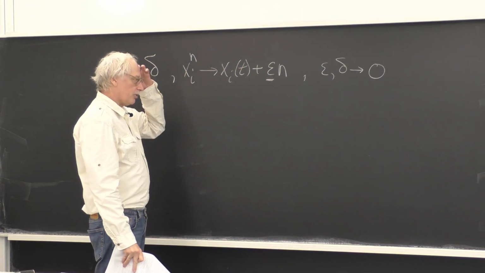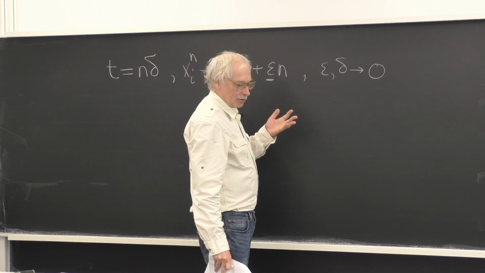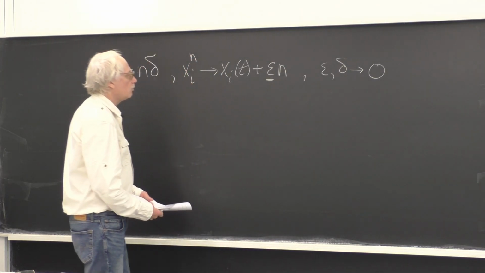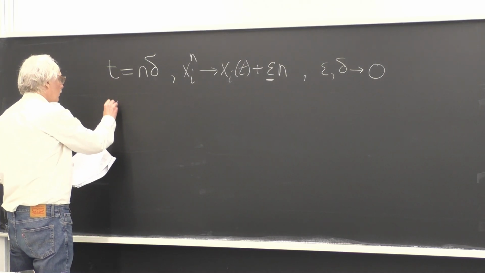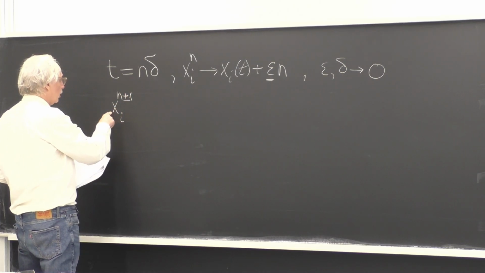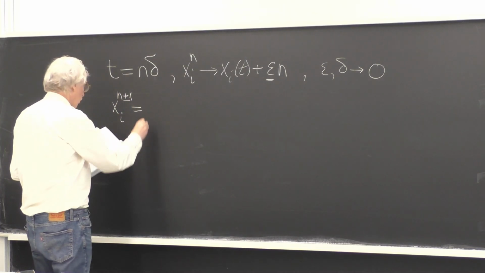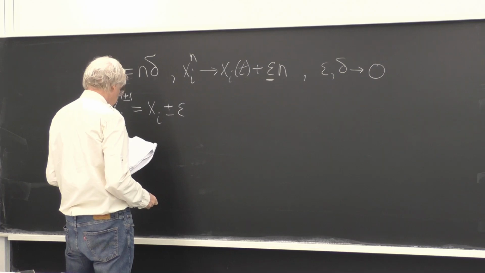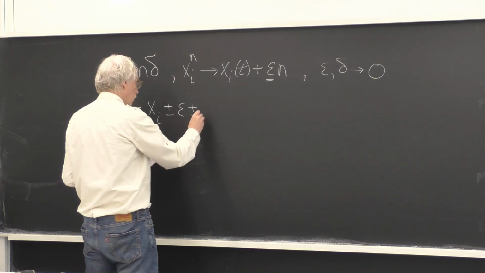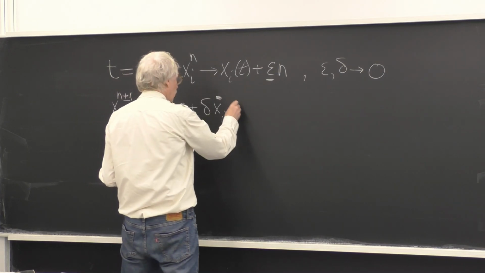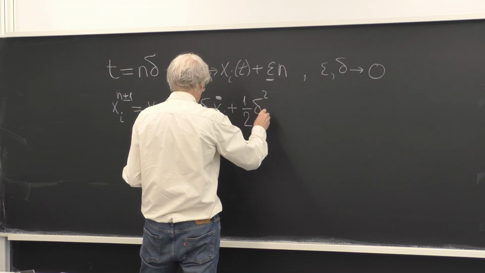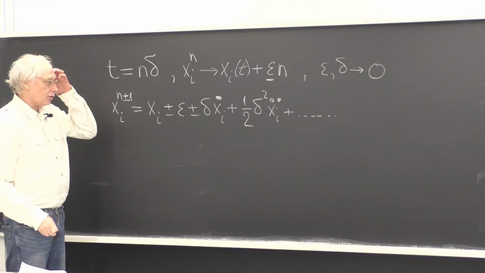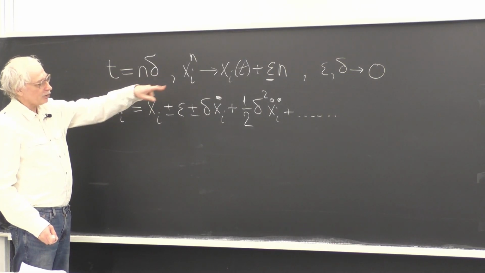But there will appear some relation between them, which we don't know at the moment, but we will see what it is substituting this ansatz into the equation. So we can represent xi of n plus minus 1 in the following form: xi plus minus epsilon plus minus delta xi dot, and also the next term in the Taylor expansion plus something which has higher order in epsilon and delta.